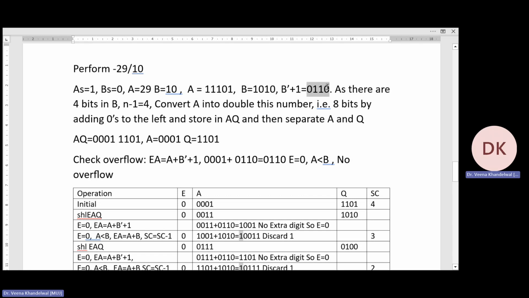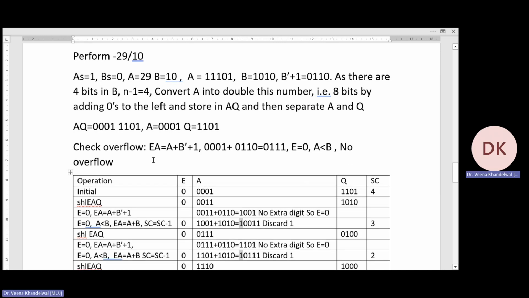This is 0110. So I have added 0110. And when I add these two numbers, the output is 0111. So here once again we received E is equal to 0. This means A is less than B, and if A is less than B, as we have checked previously, there is no overflow. So now we can proceed with the division operation.